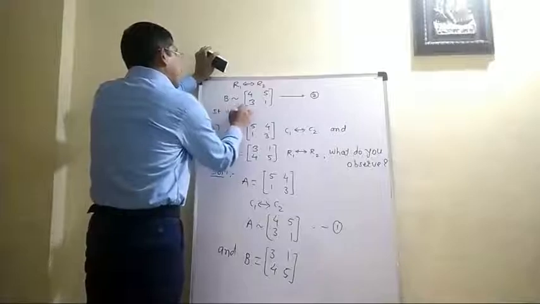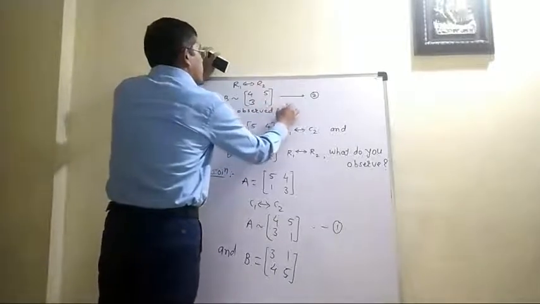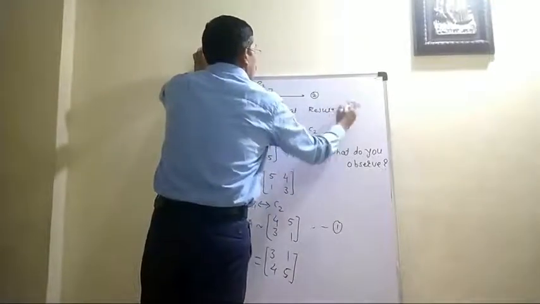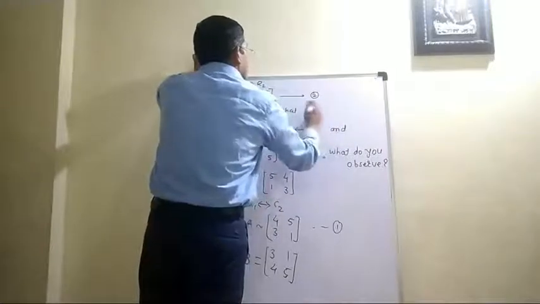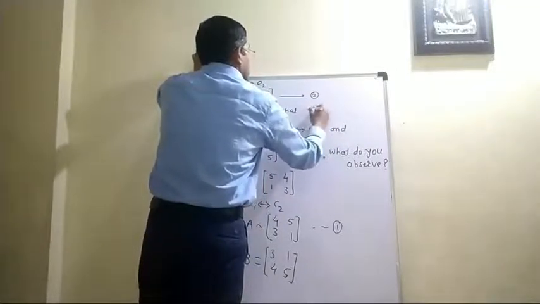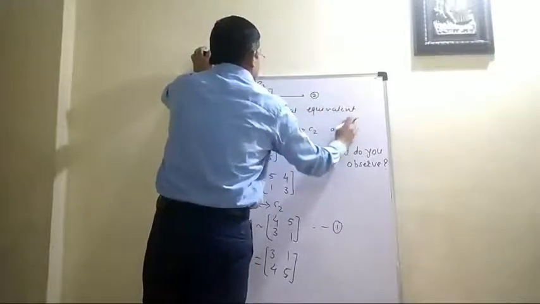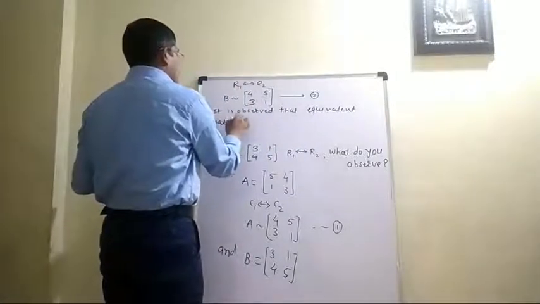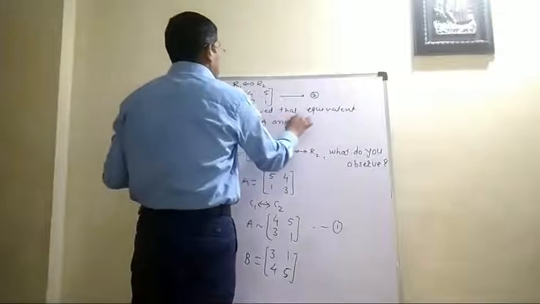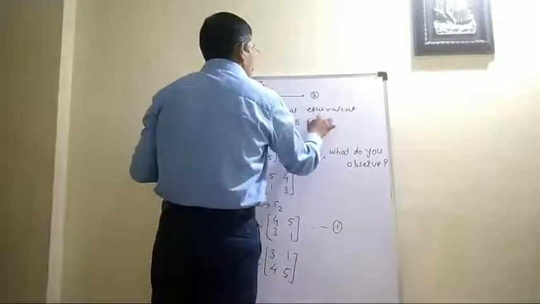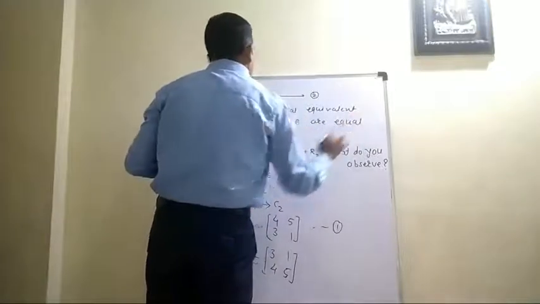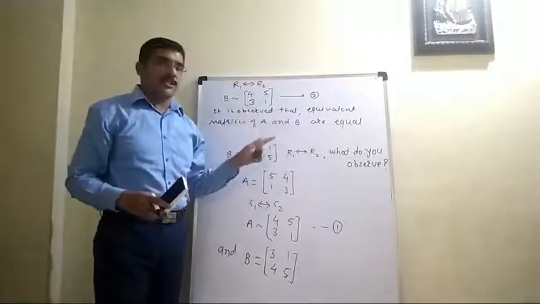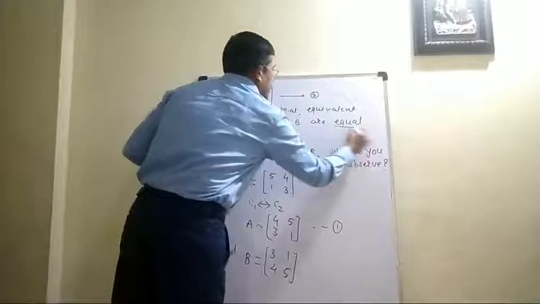It is observed that the equivalent matrices of A and B, which are obtained by the given operations or given transformation, are equal. This is the answer of the question.